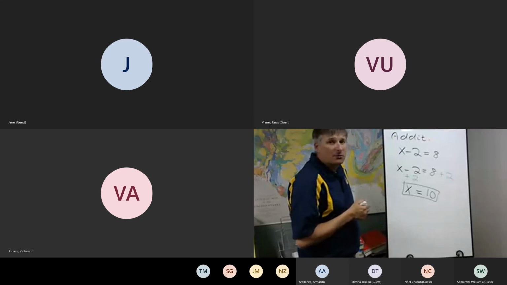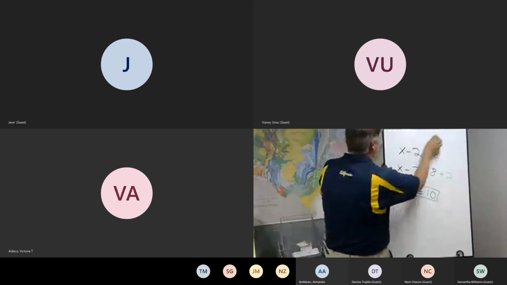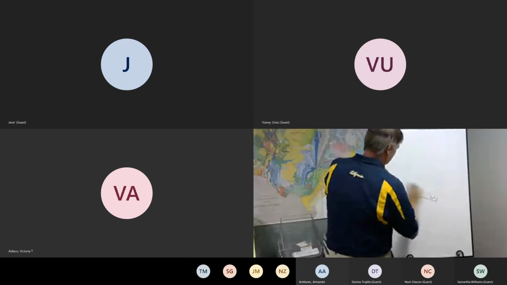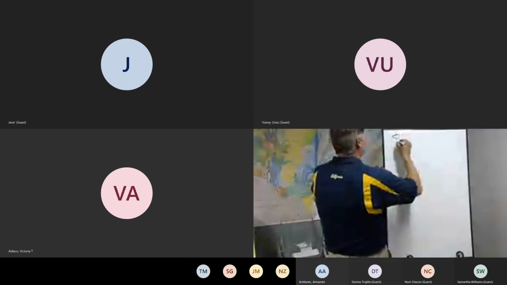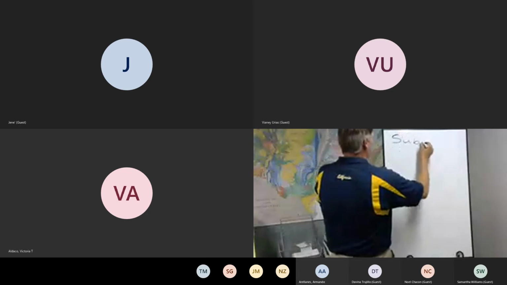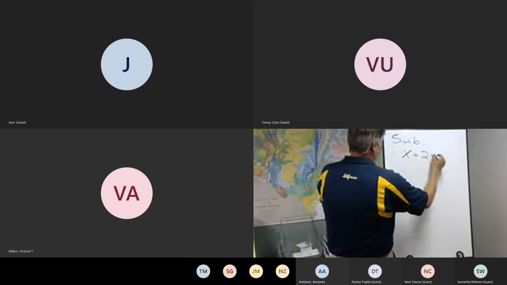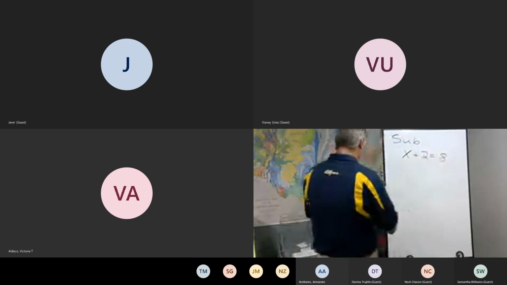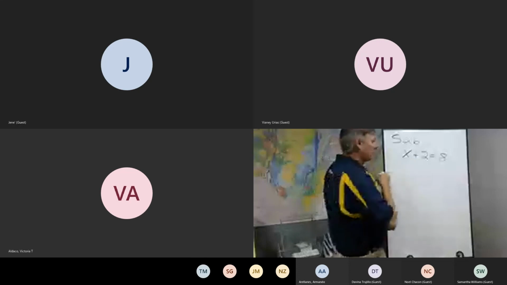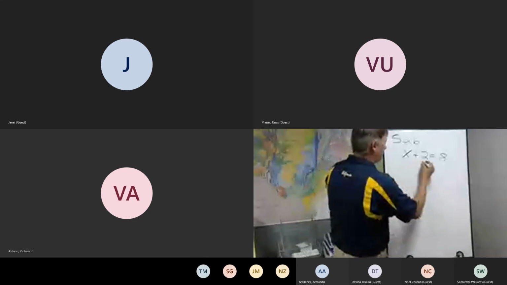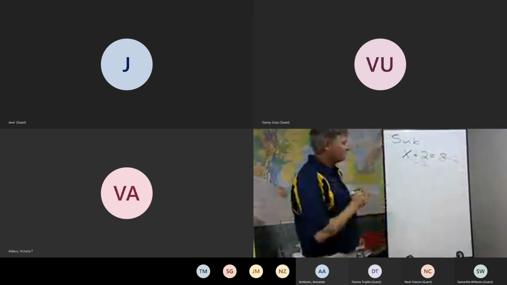The same is going to be true for subtraction if we have something like this. Again, we want to get x by itself. So I subtract 2 from both sides.